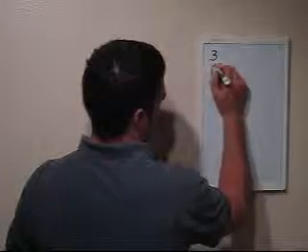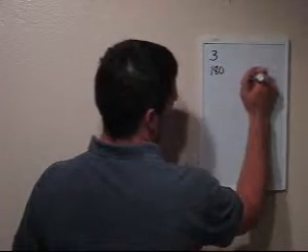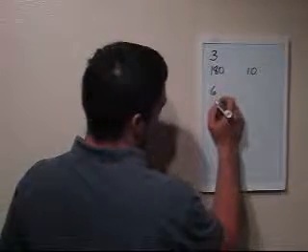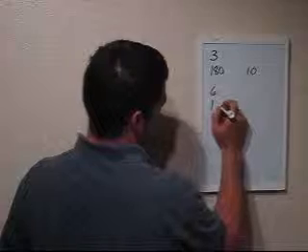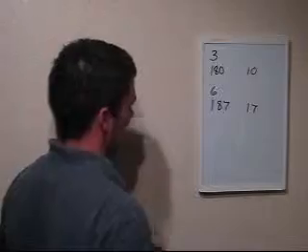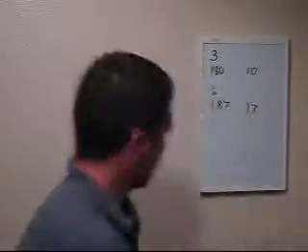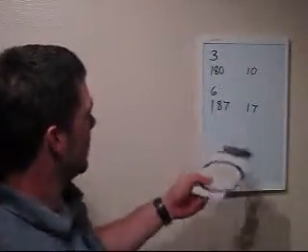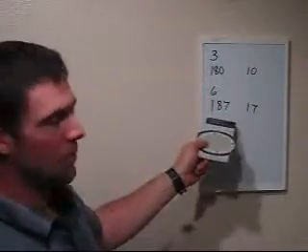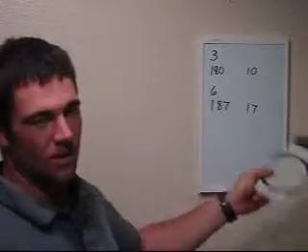Let's say we have a winds aloft forecast, say 3,000 feet, forecasted at 180 at 10 knots, and 6,000 feet forecasted at 187 at 17 knots. So this is just a quick example of a winds aloft forecast.